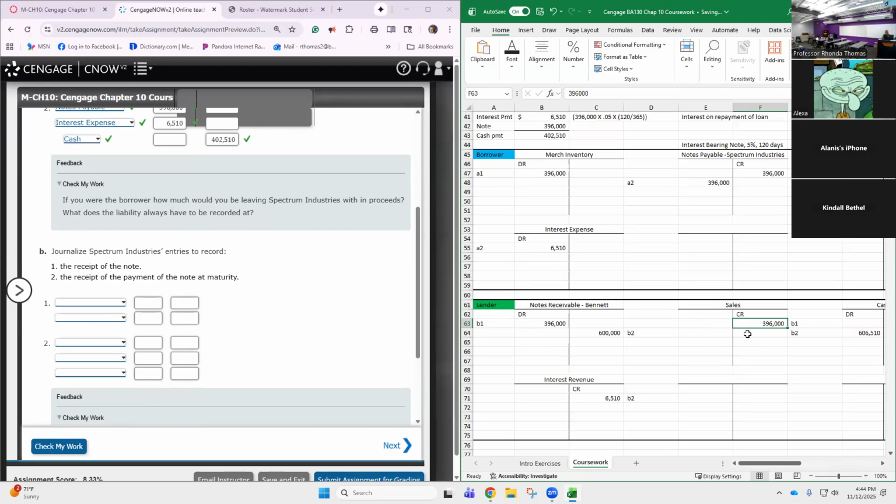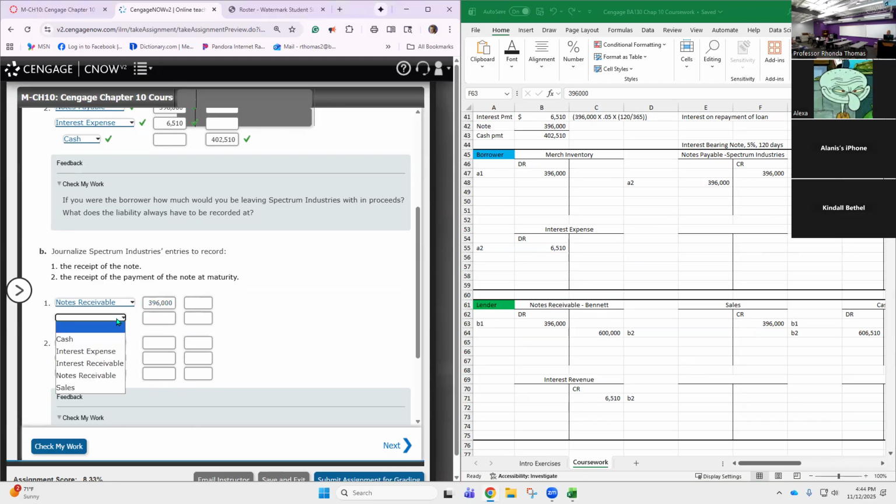Now, if we would have loaned out cash, we would have credited cash, but because we are selling them inventory and we are not worrying about the cost of the inventory. So please understand that. So the receivable goes in notes receivable Bennett for $396,000. And we're going to record that as a sale.